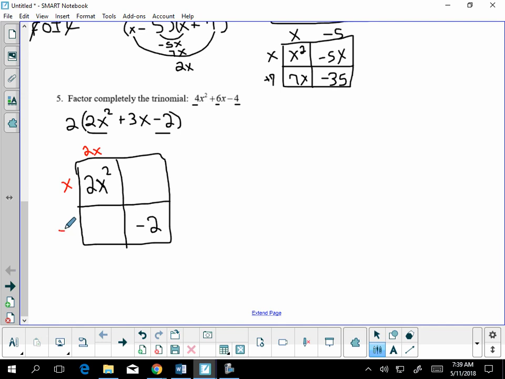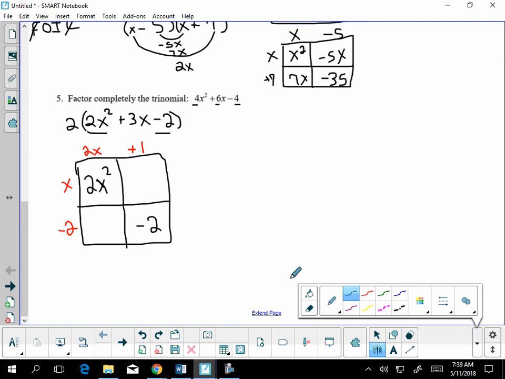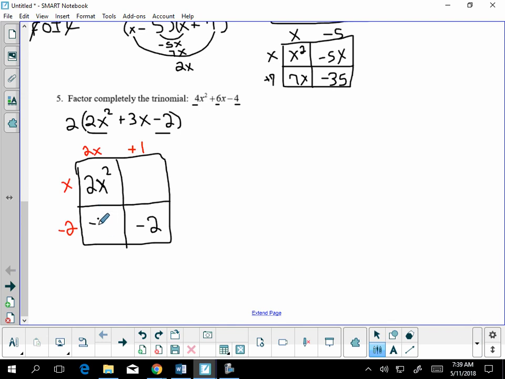Let's go with negative 2 and positive 1. All right, that would give me negative 4x. And that would give me x times 1. Well, if I add those together, I get negative 3x.